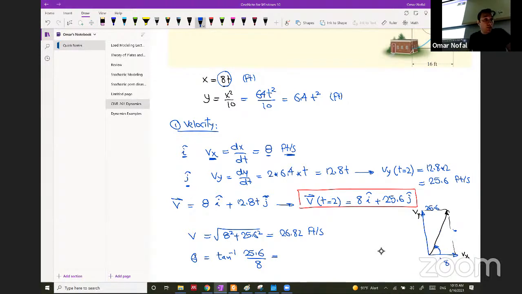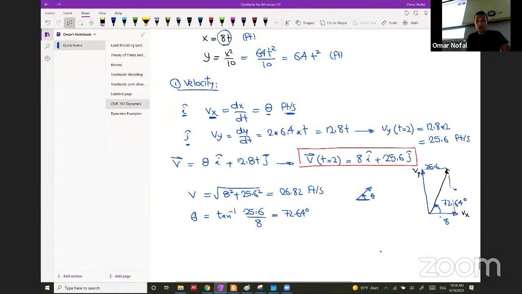And the angle will be 72.64. So we can draw it like this: this is the velocity, and this is our angle theta, 72.64 degrees. So this is the magnitude and the direction of the velocity. Now let's get to the second part, which is the acceleration.